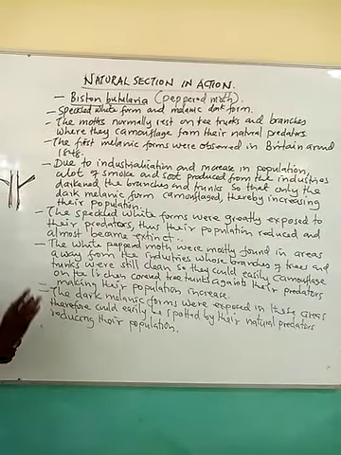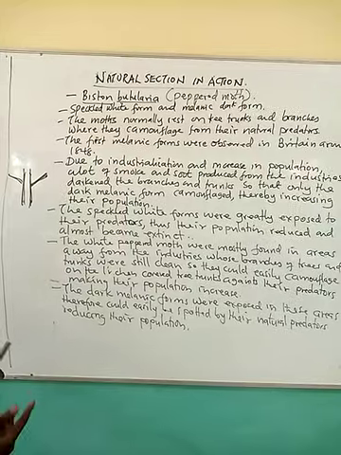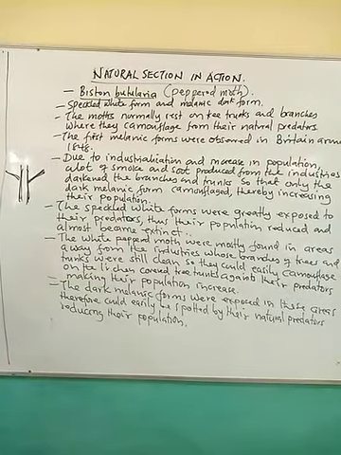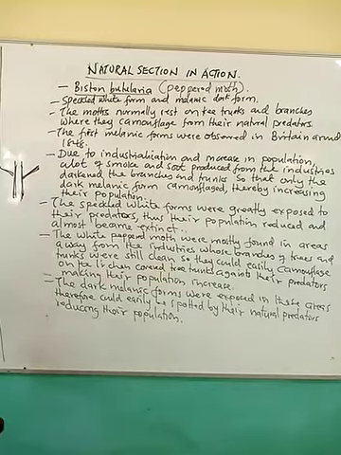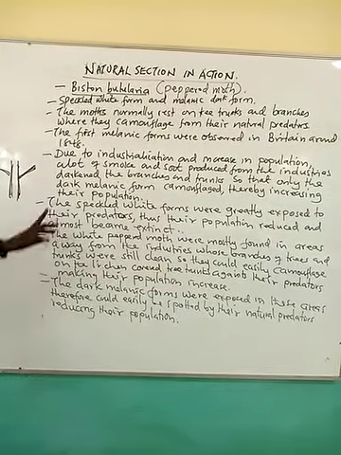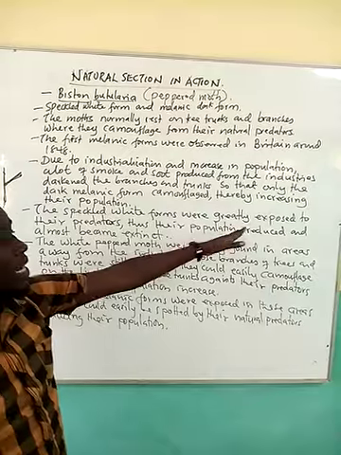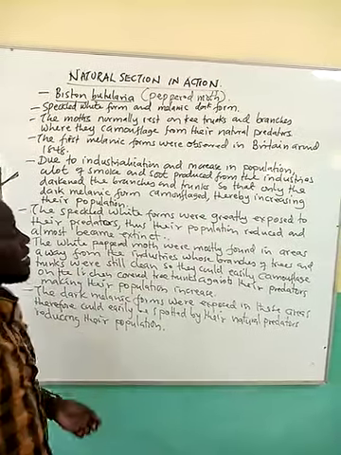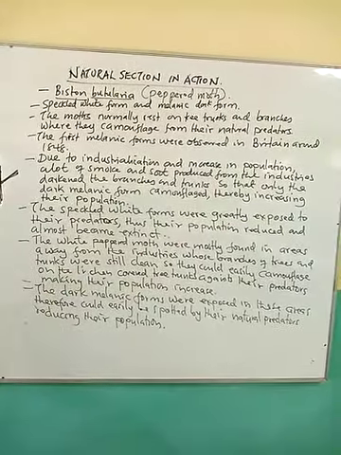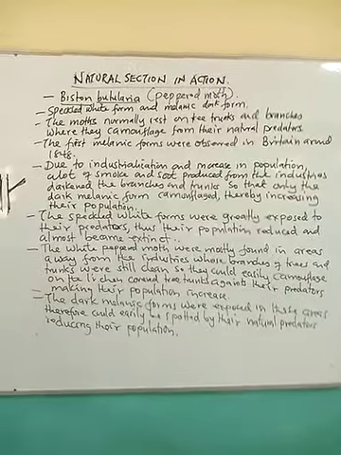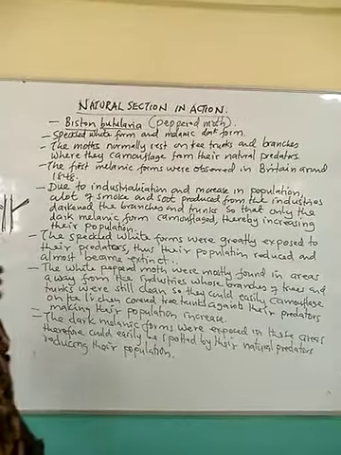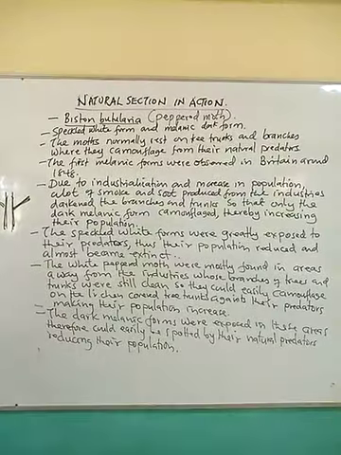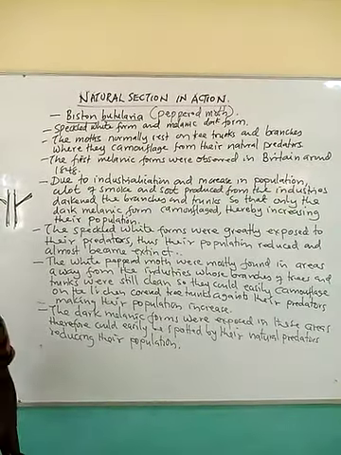When it is greatly exposed, then it is likely to be seen by its natural predators, and it's likely to be extinct altogether. So the speckled white forms were greatly exposed to their predators, thus their population greatly reduced and almost became extinct. The white peppered moths were mostly found in areas away from the industries.